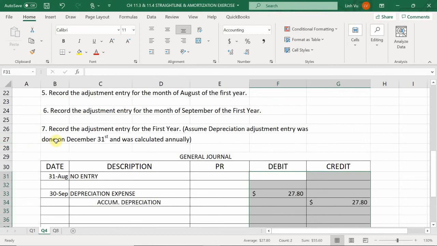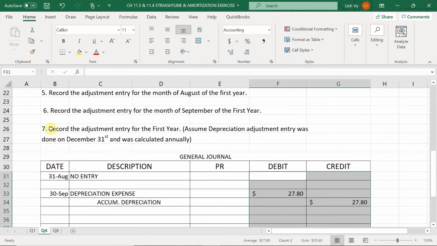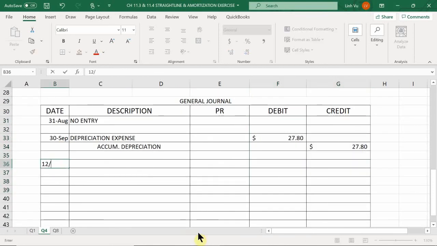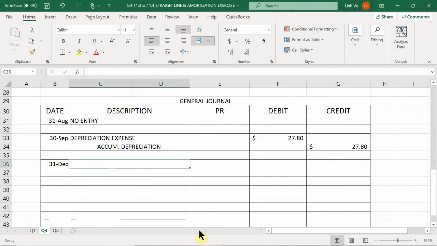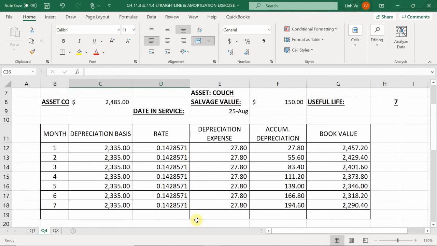Say I'm doing this on a month-to-month basis, but what if I did my adjustments at the end of the year instead of every month? If I placed my asset into service as of August 25th, how do I figure out what my adjustment entry is going to be as of December 31st?